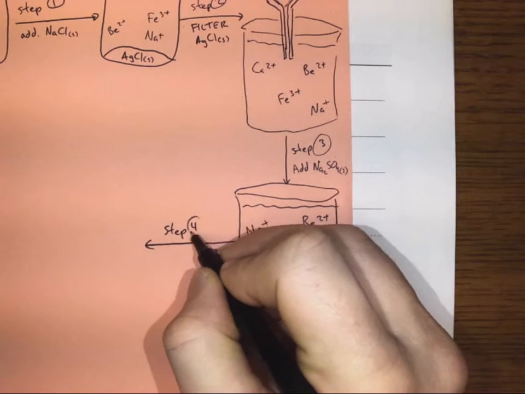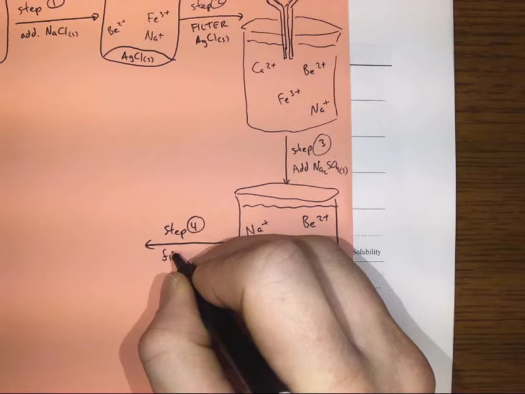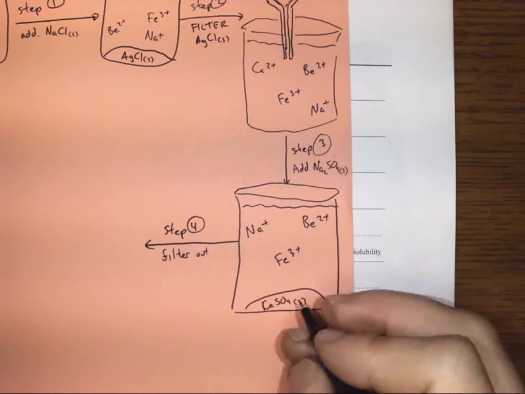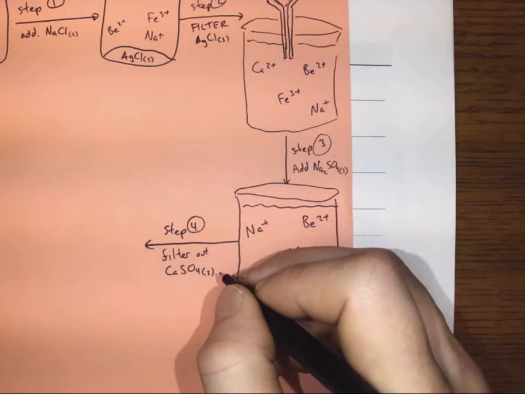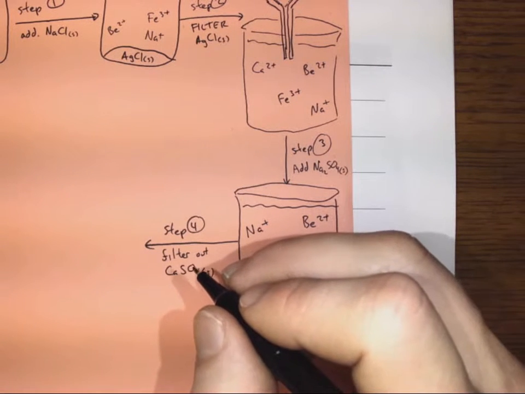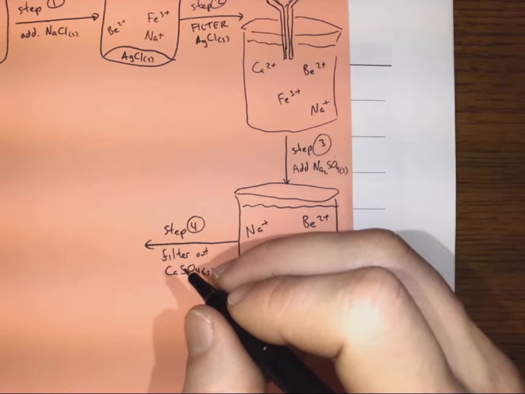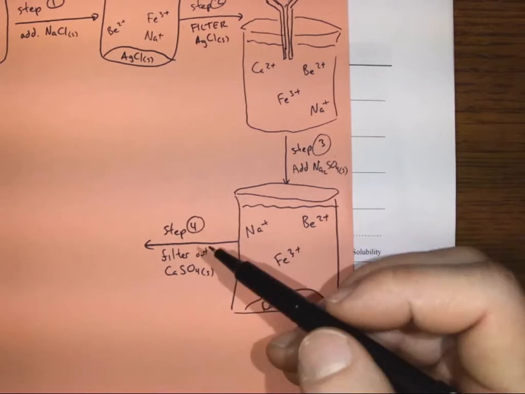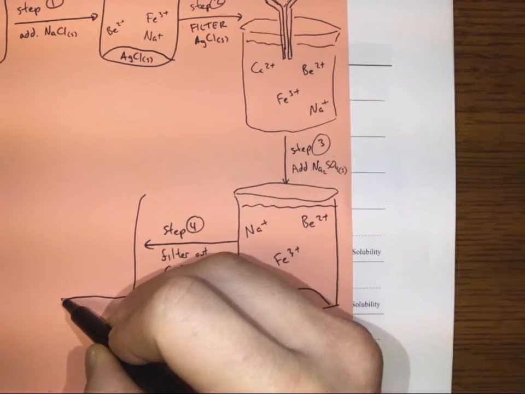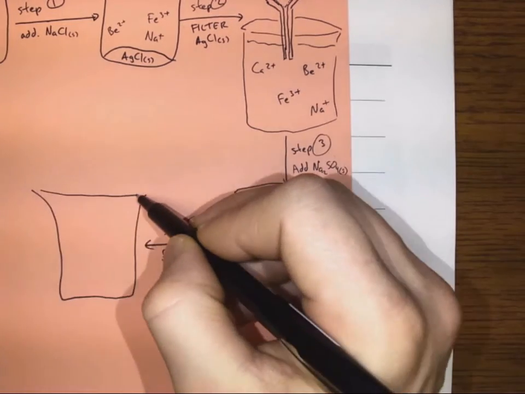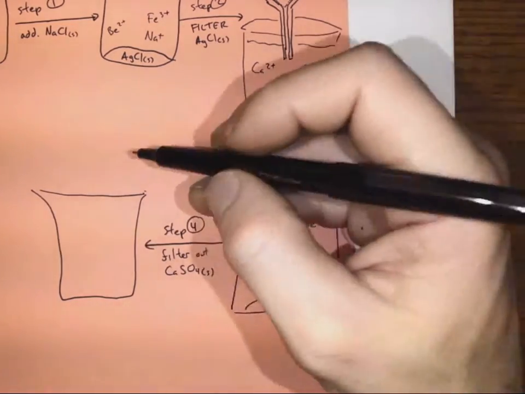step 4 is going to filter out the calcium sulfate. And so I'm not going to draw the diagram this time. Well, I'm going to draw a diagram. I'm not going to draw a diagram of the filtration. Actually, no, maybe I will.